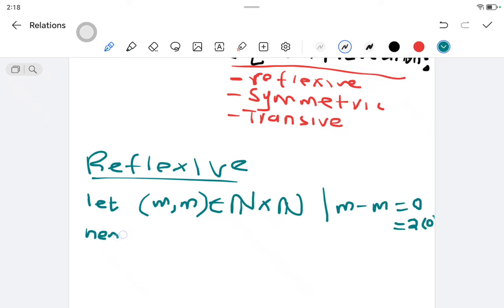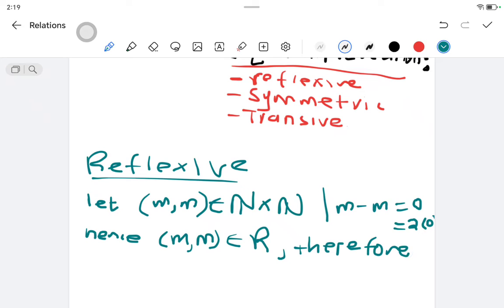Hence we can say that (m, m) is an element of R, meaning that it is reflexive. Therefore, R is reflexive.